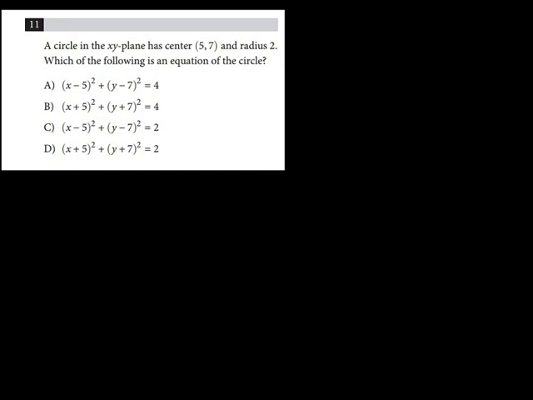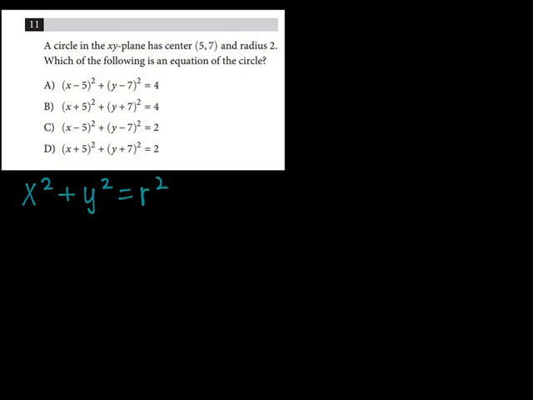squared equals 2. So before attempting this problem, let's talk about the equation of a circle. So the classic or basic equation for a circle would be x squared plus y squared equals radius squared, or you can write r squared.